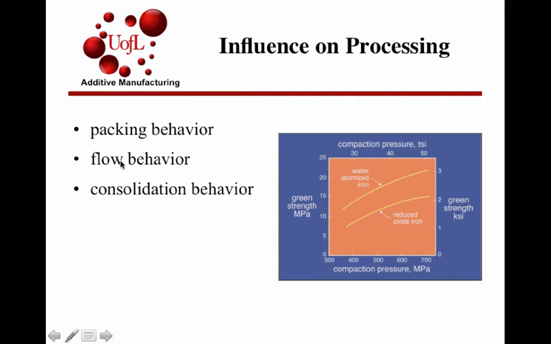Flow behavior affects the way the bed density again changes when the powder is spread across to form a thin layer. In certain binder assisted 3D printing processes, including fused filament fabrication and binder jetting, for instance, the ability to remove binders from the created shape is going to change based on the powder characteristics because the pore structure is going to change.